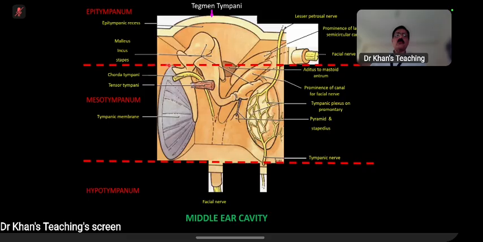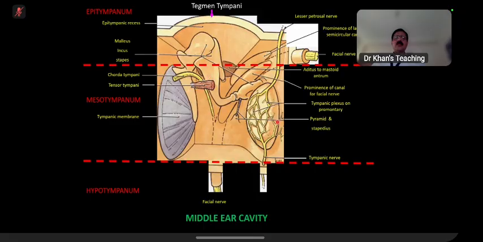If you draw a line at the superior edge that passes through the facial nerve canal on the medial wall, inferior to that, and another line which you draw at the edge of the tympanic membrane, the annulus, this will be the mesotympanum. Hypotympanum is just a trough which has got nothing more than that, inferior to that. Within the mesotympanum, we can see that part of the ossicles are there.